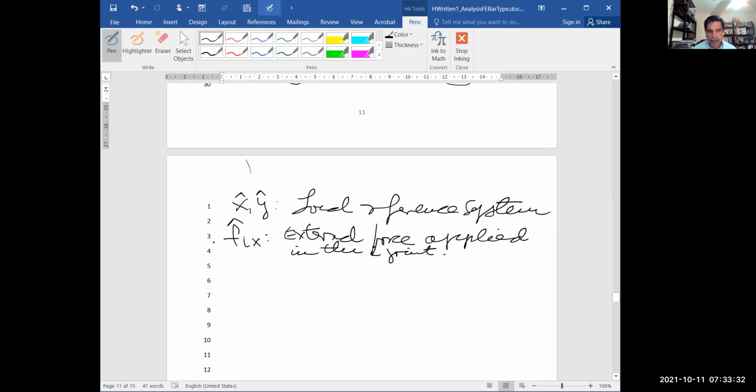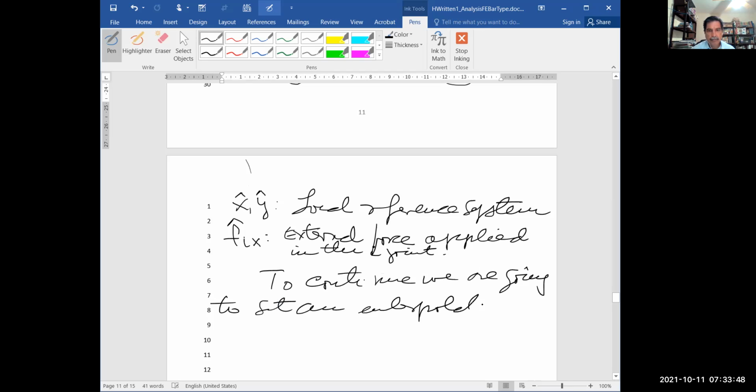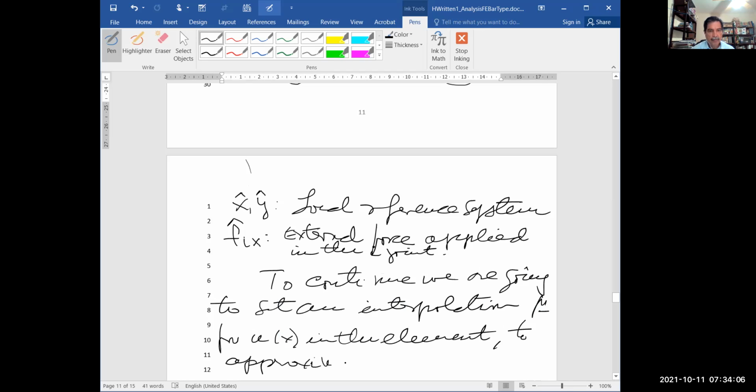So, to continue, we are going to set an interpolation function for u in the element to approximate the solution.